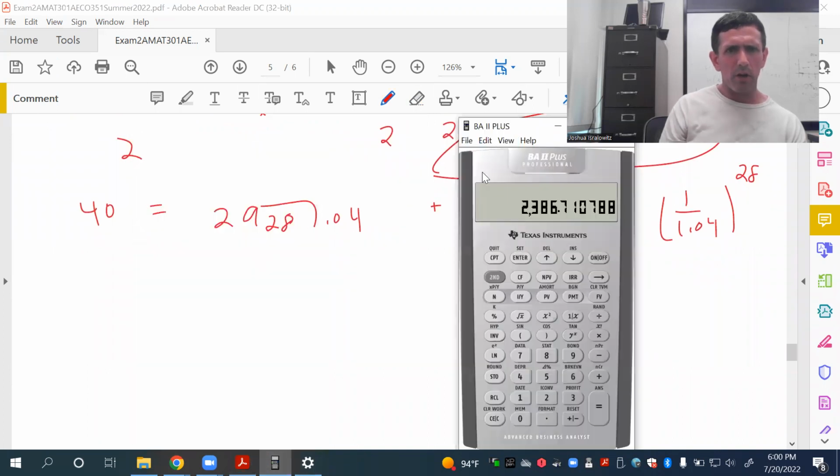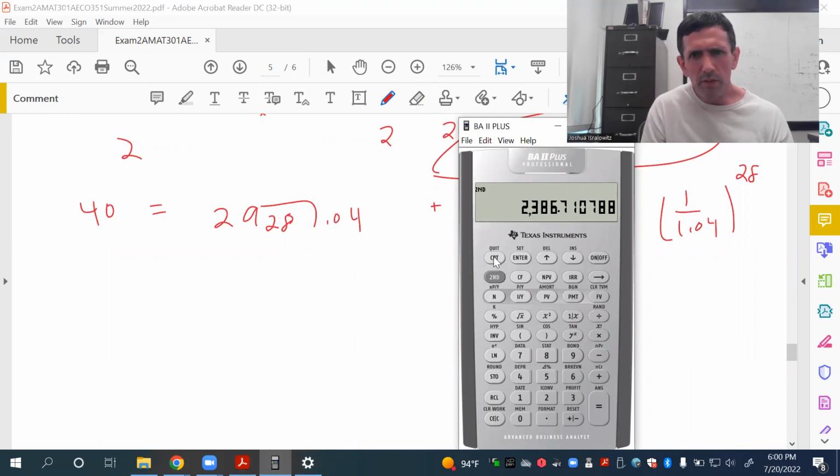All right, so let's get this amount here. So a_28. If I look like I'm squinting, I apologize. This emulator is very small on my laptop, and it's hard to read what I'm entering, and this is the biggest it gets.